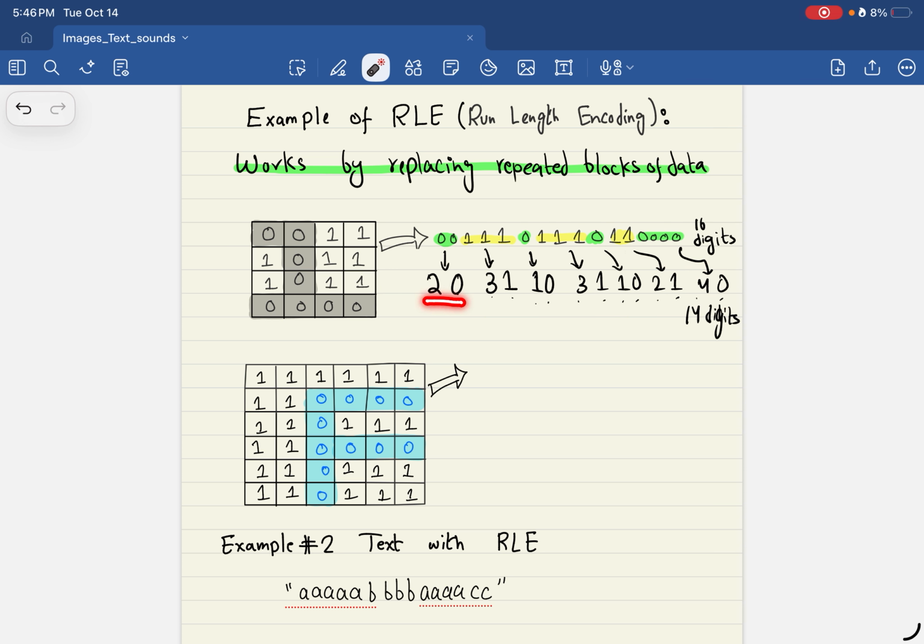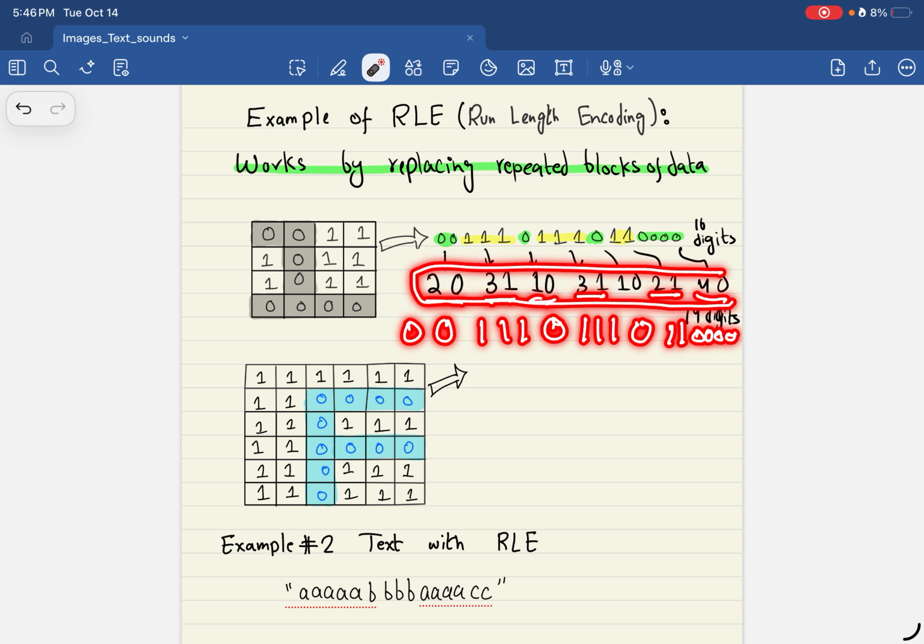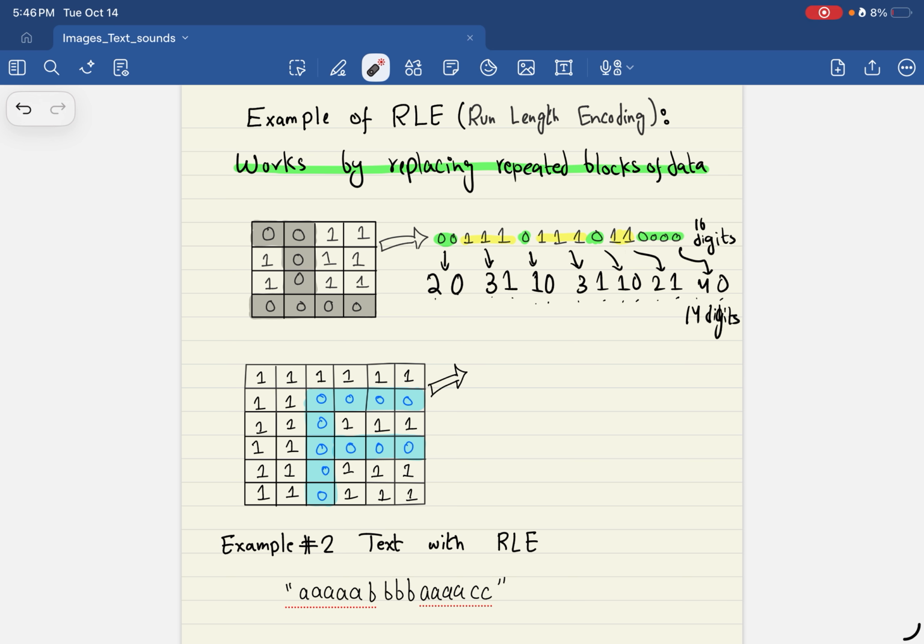If I tell you there are two zeros, you will write down 0 0, and then three ones, you will write down 1 1 1, then 1 0, so that's 0, and three ones, so 1 1 1, and then 1 0, so that's 0, then two ones, so that's 1 1, and then 4 0, so 0 0 0 0. That's how you can get this compressed file, which is composed of 14 digits, and construct the original file itself. So that's the key idea behind run-length encoding. Go back and try to do this by yourself.